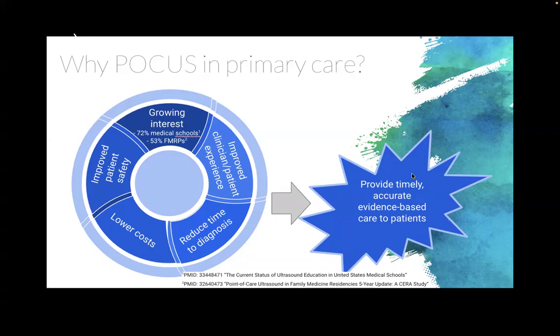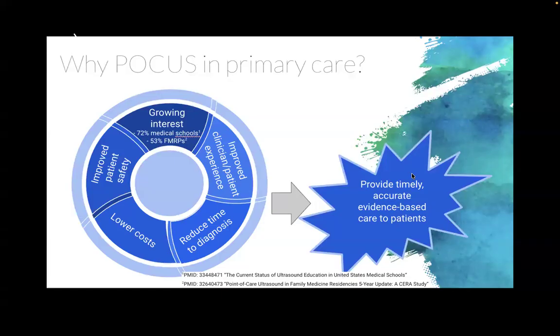Certainly, there's improved patient safety with needle guidance and ultrasound-guided procedures, lower costs, reduced time to diagnosis, and you bring the clinician really back to the bedside. And so there's improved clinician and patient experience. All in all, this provides timely, accurate, evidence-based care to our patients.